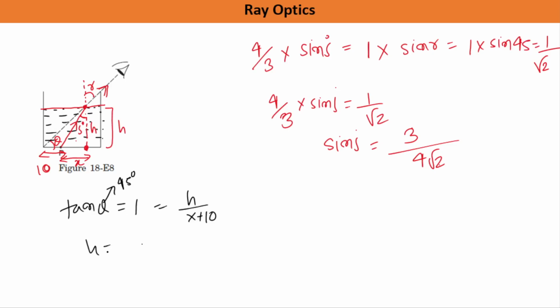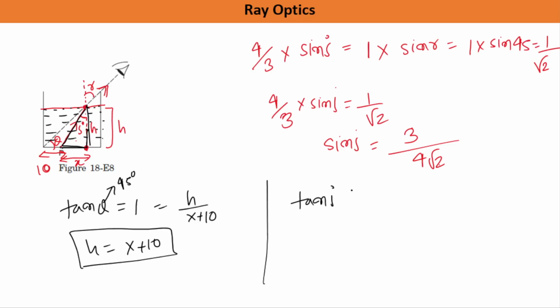So h is equal to x plus 10. So somehow if we know x, we can calculate h, right? So x के लिए हम क्या कर सकते हैं? इस ट्रायंगल को डील कर लो. ठीक है, सो यहाँ पे अगर आप निकालते हो tan of I, so tan of I you will be writing as x by h, right? So x value we can get from here, but tan of I कैसे निकाले?